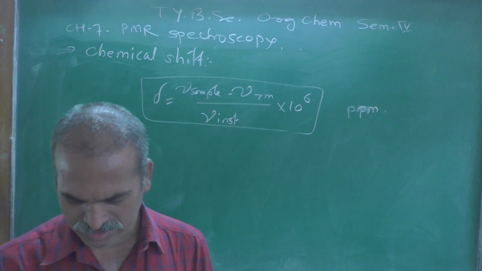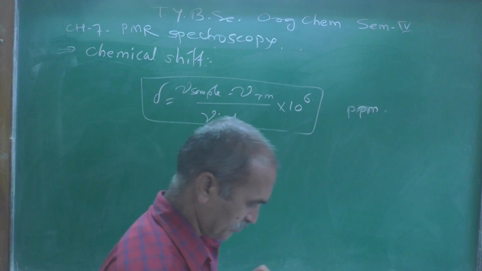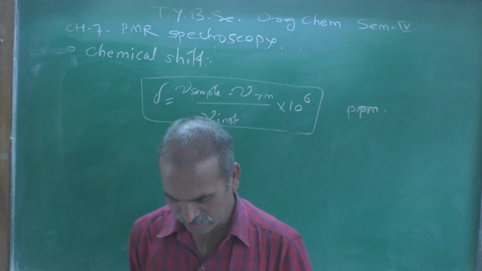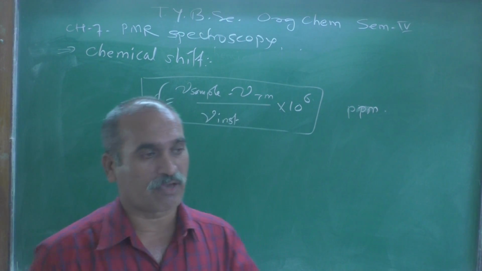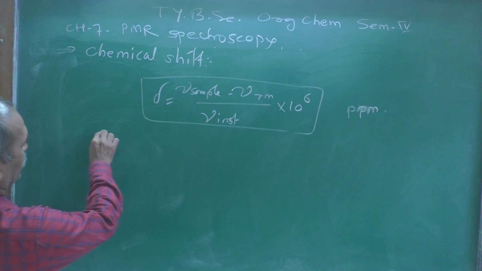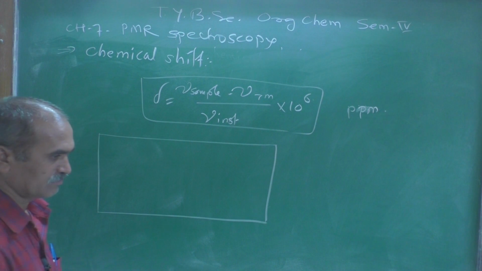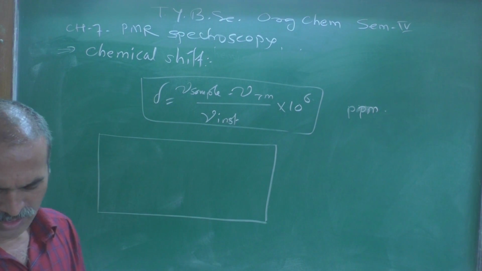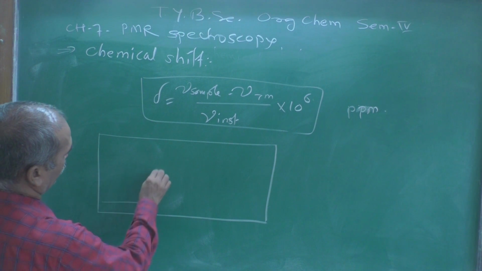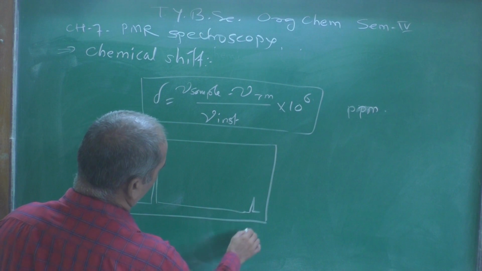In a previous lecture we calculated the delta value for chloroform. If you see the spectrum of chloroform, the peak is observed here, and this is the TMS peak.